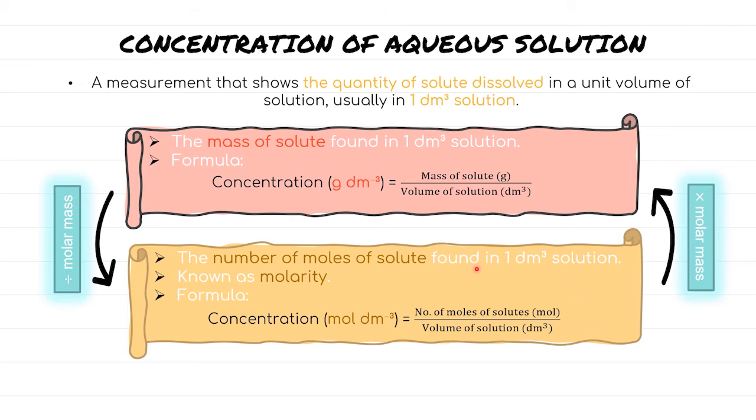So we get the molarity with the unit mole per decimeter cubed. If the question wants us to calculate from the concentration to the molarity, we can use concentration divided by the molar mass to get the molarity. And for molarity, we multiply by the molar mass to get the concentration. So this is a formula that you can use to calculate the concentration or the molarity of the aqueous solution.